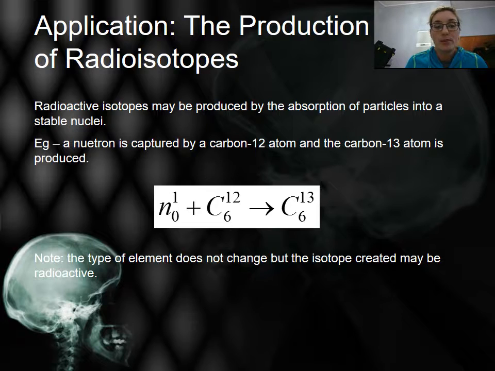So, for example, a neutron might be captured by a carbon-12 atom, and a new isotope, carbon-13, is produced. So whenever this happens and we create an isotope that happens to be radioactive, which means it might undergo decay of some kind, it produces something that's unstable, we have something called a radioisotope.